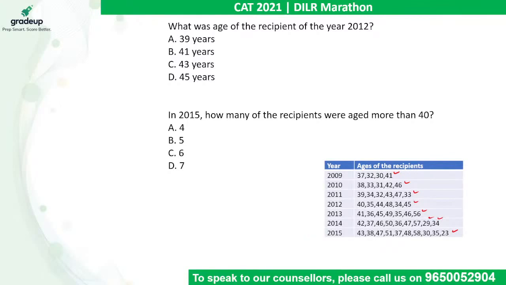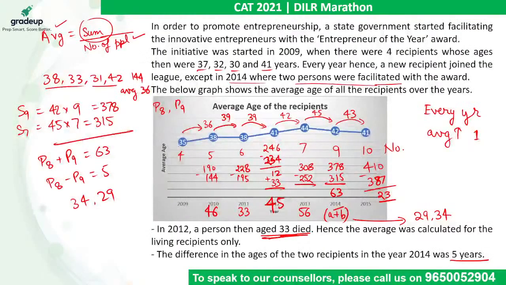Okay, all right. So the first question is, what was the age of the recipient in the year 2012? In 2012, the person was 45 years old. Right, एक बार 2012 वाले का फिर से केस देख लेते हैं, that death वाला केस. So what happened in this case? We will use the same thing, right?